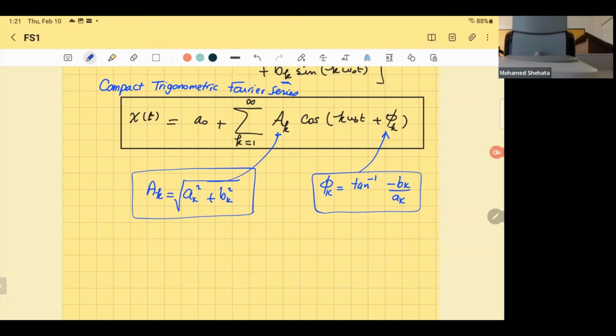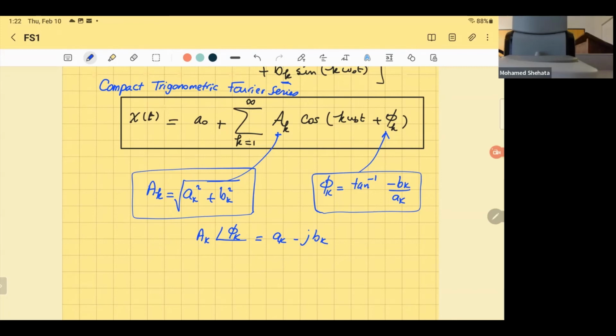I think I talked about the angle before; it could involve adding or subtracting 180, flipping. It could just confuse. So the best way to make sure you get the right angle is to express it as A_k at angle phi_k equals a_k minus j b_k. Expressed in complex form, you know in which quarter it is, because a_k and b_k can be positive or negative.